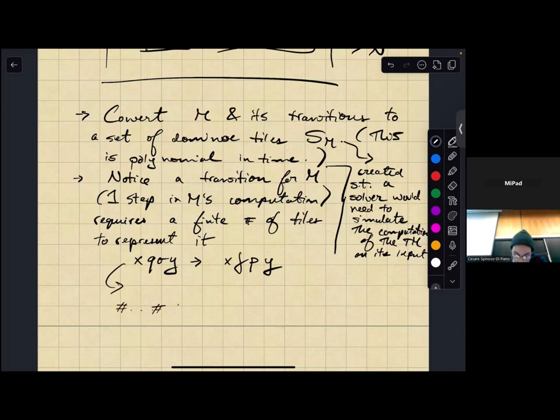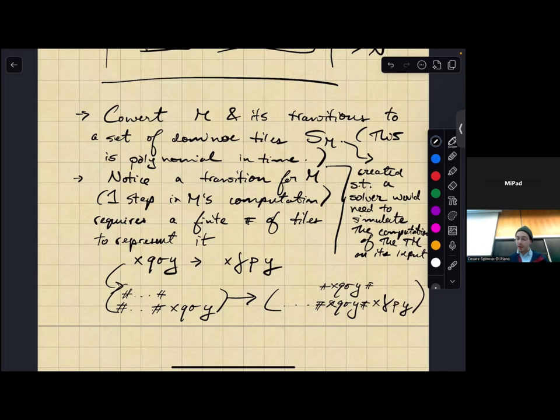So I have something like X, Q, sigma, Y here, and to get from here to here, with X, then Q, sigma, Y, X, gamma, P, Y, to get from this partial solution of S_M to this next partial solution, it's going to take a finite number of tiles. That's the hint of how you're going to get the bound.